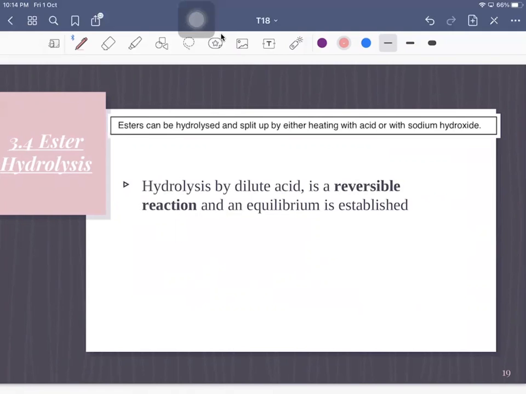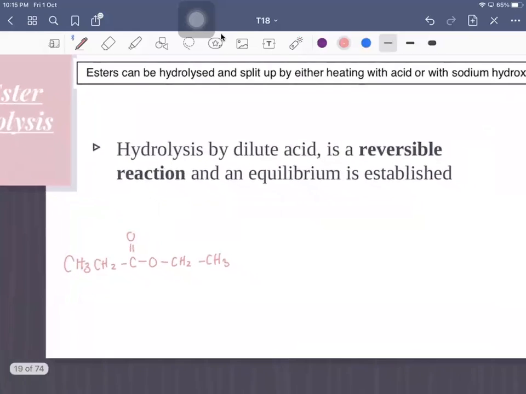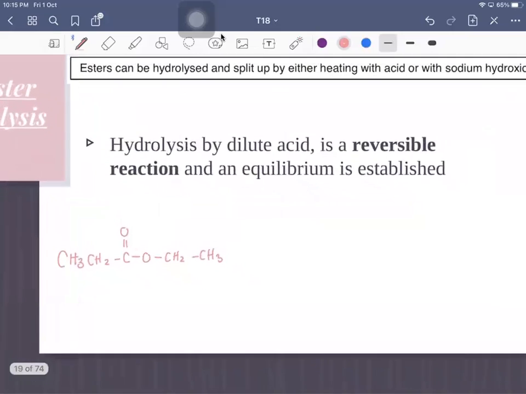So this is what happens. I will try to just focus on the ester bond, COOCH2CH3. So this is our ethyl propanoate.